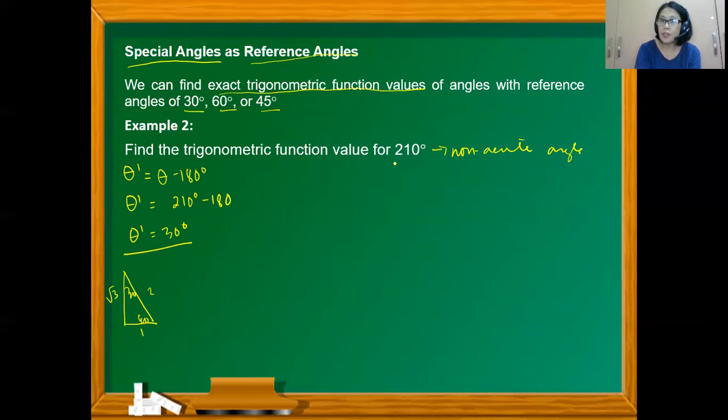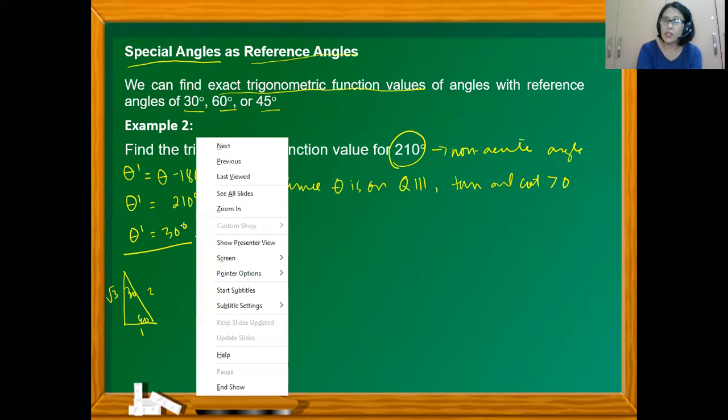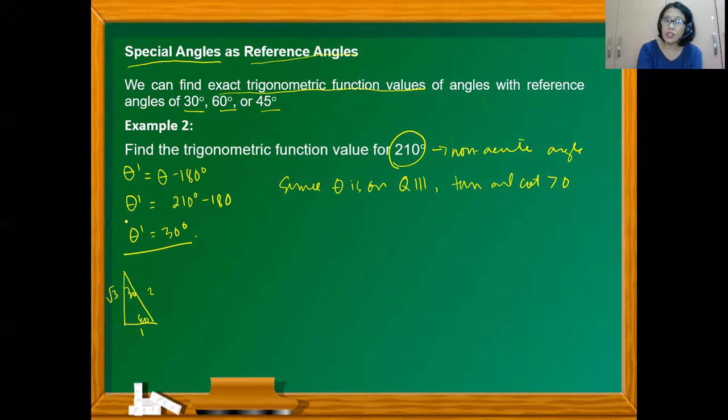Since the terminal side of the angle that measures 210 lies on the third quadrant, theta is on quadrant 3. So we're expecting that tangent and cotangent are greater than 0. The rest will be less than 0. And in reference, we're going to consider the trigonometric function values of the special angle measuring 30 degrees.